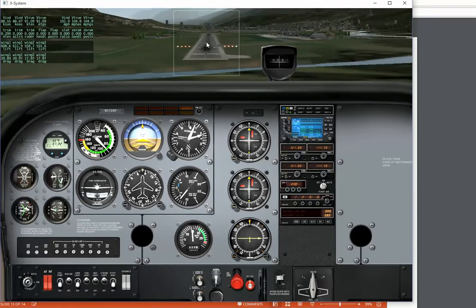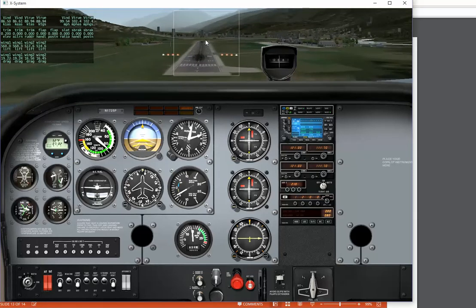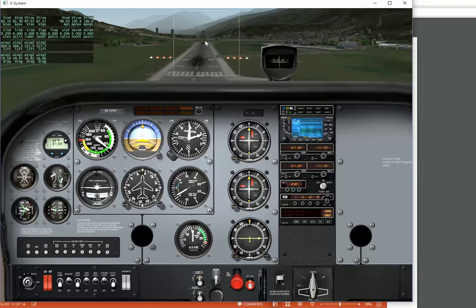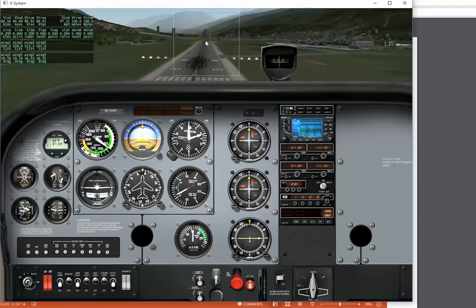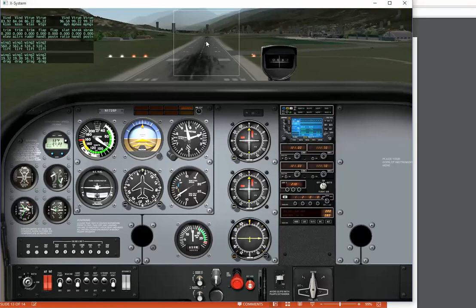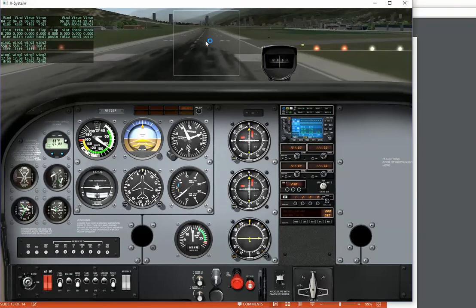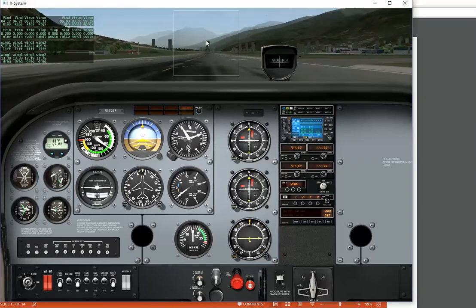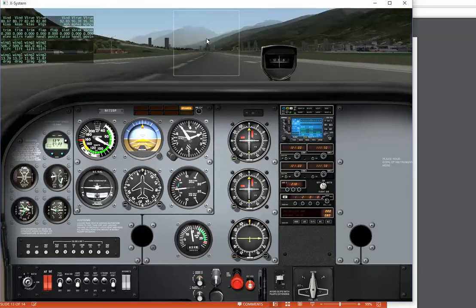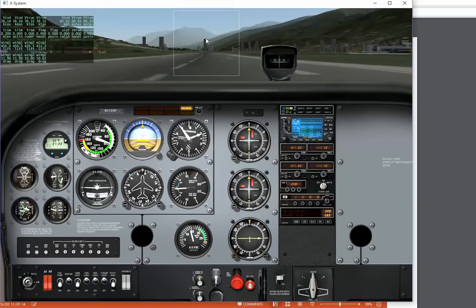Oh, coming in too low. Gonna throttle up just a little bit. I'm still coming in too low. There we go. So once I hit, I'm going to throttle down and brake and keep myself going roughly straight down the runway.